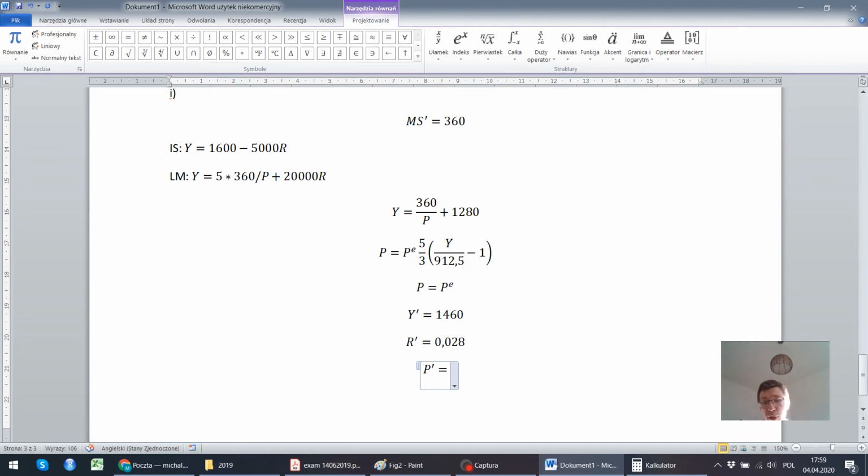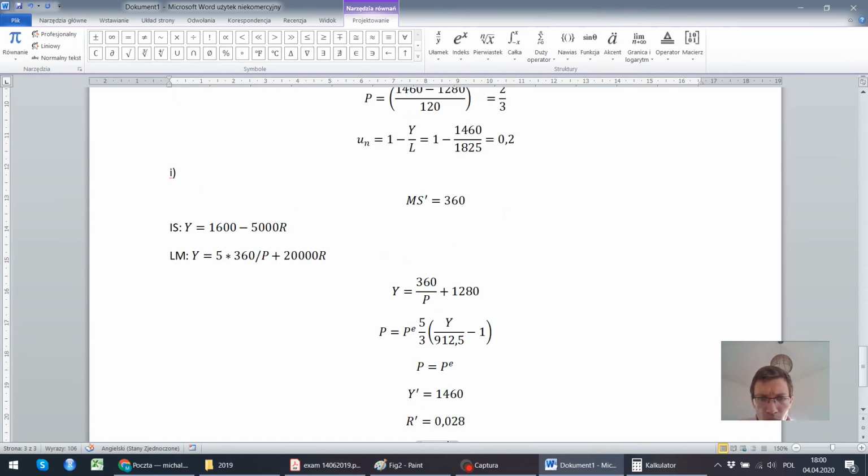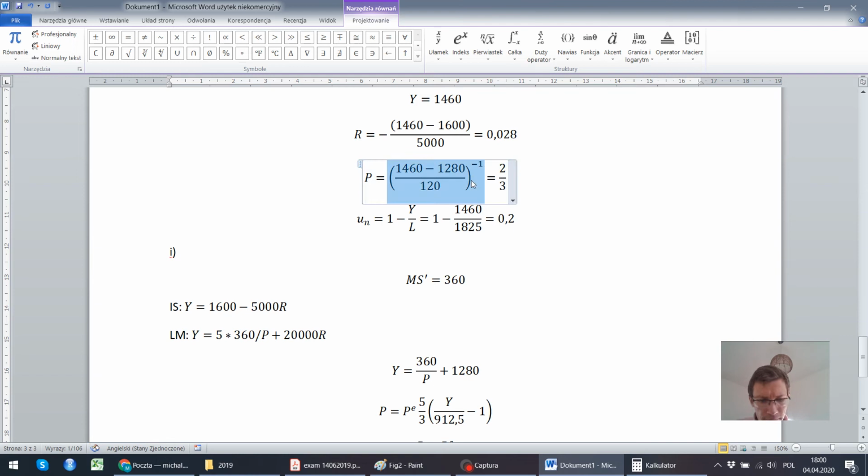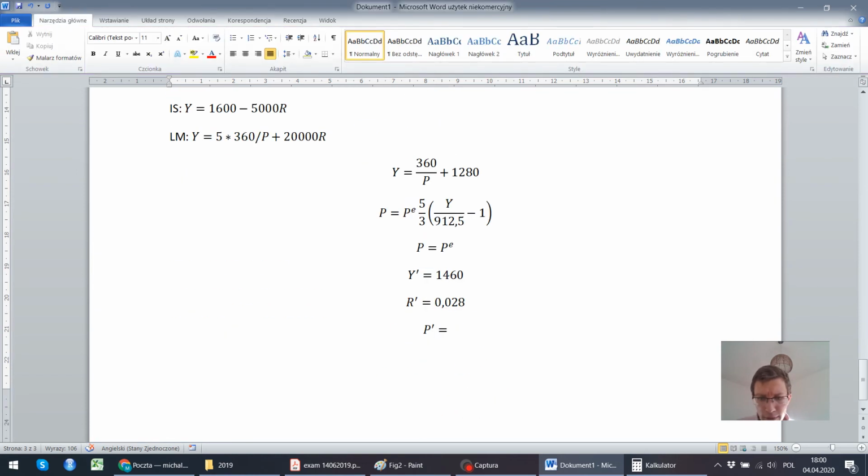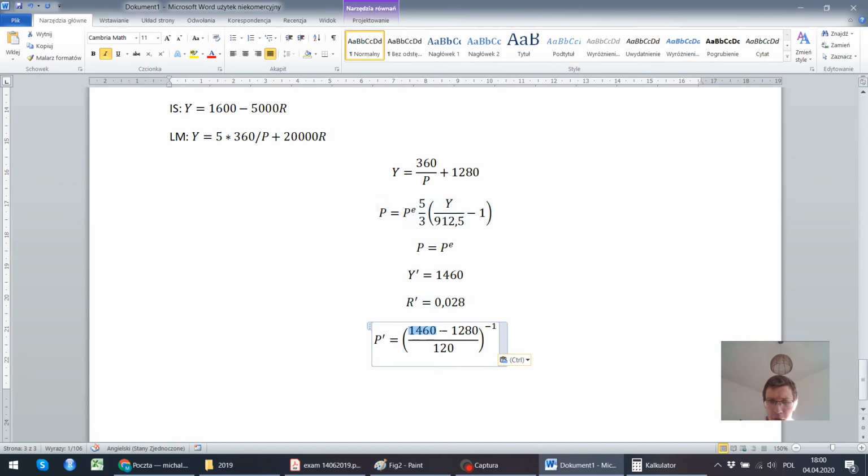How to compute the new price level? Well, to do this, we need to use the LM curve, which now changed. So the price level will be different than in the initial state of the economy. On the left-hand side, we also have 1460 as before. This 1280 will not change as well.